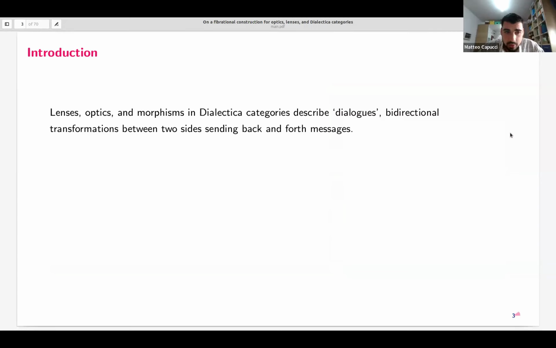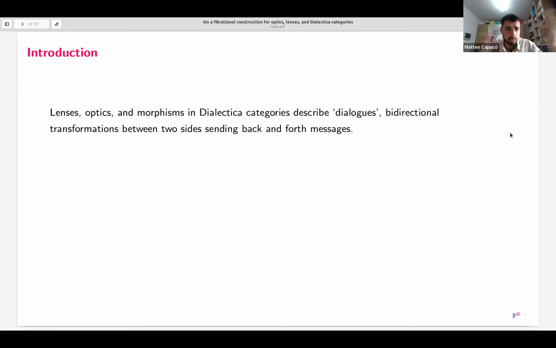I'm going to talk about lenses, optics, and morphisms in dialectical categories, which we could gather under this vexil of things that describe dialogues. So bidirectional transformations between two sides that are sending back and forth messages.